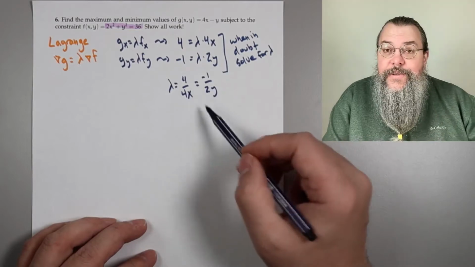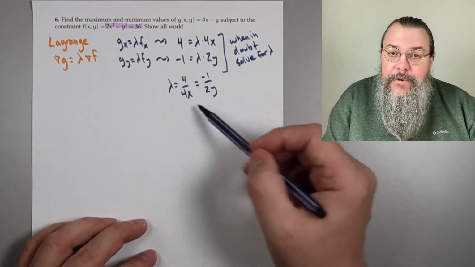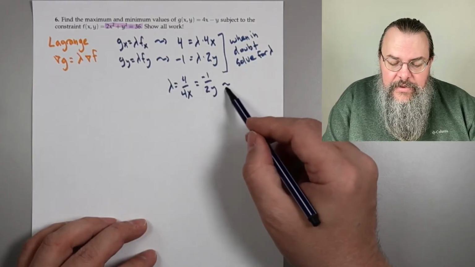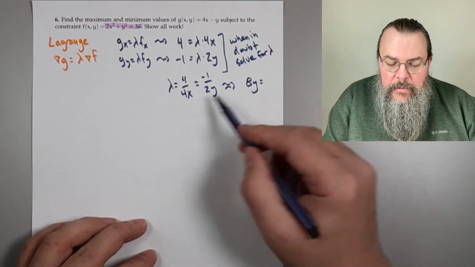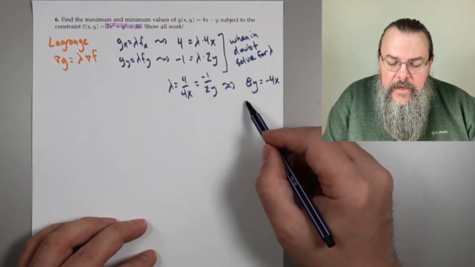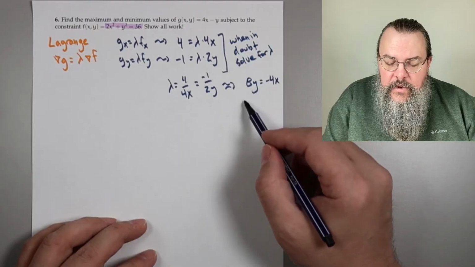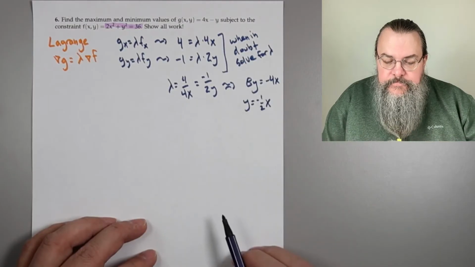Both of these are lambda, and so therefore, they're both equal to each other. This tells us that 8y is equal to minus 4x, or if you like, you can solve, oh, y is minus a half x.